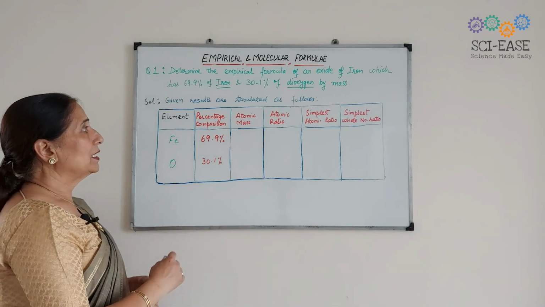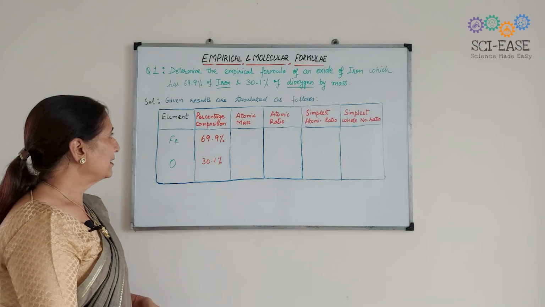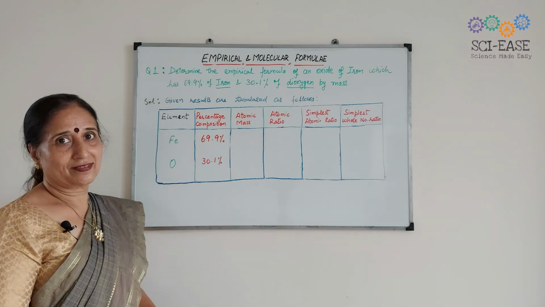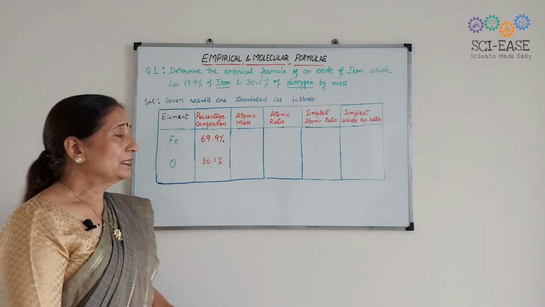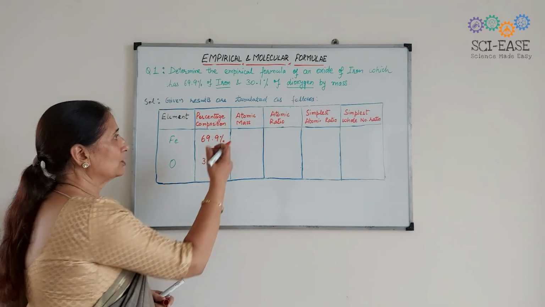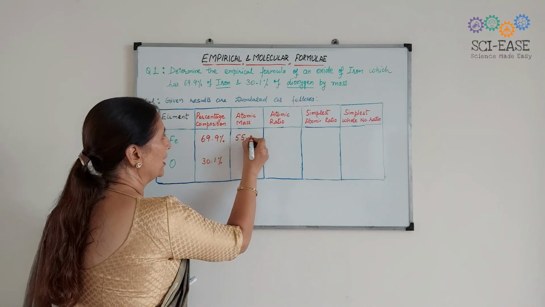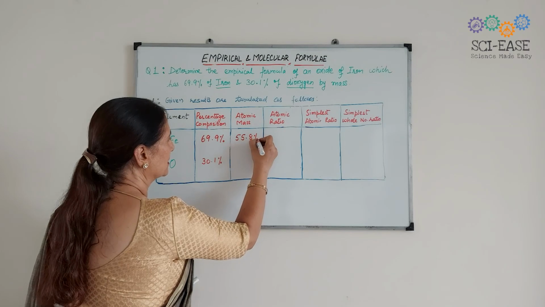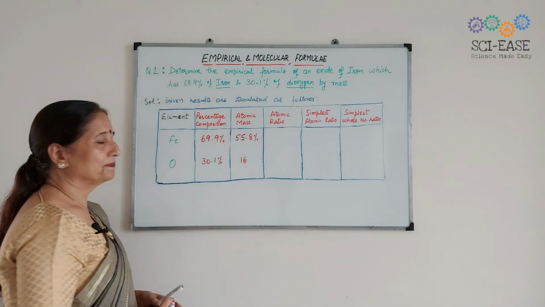So what are the atomic masses of iron and oxygen? Sometimes atomic masses are given. That is, iron has atomic mass 55.8 and oxygen is 16.